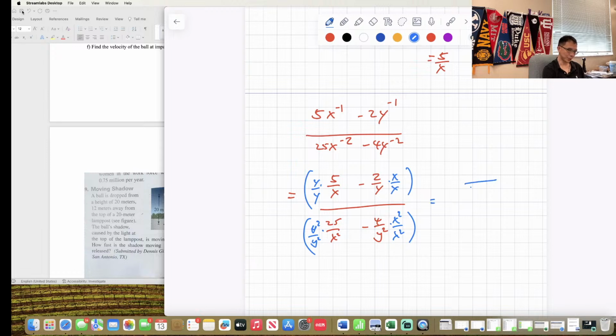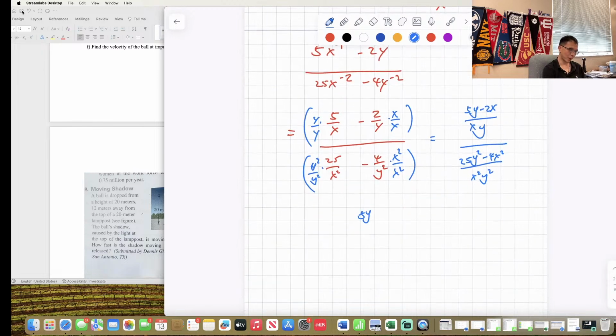Now, can I change this to xy? This is 5y minus 2x over 25y squared minus 4x squared over x squared y squared. Am I going too fast?